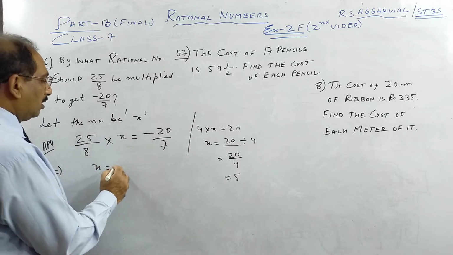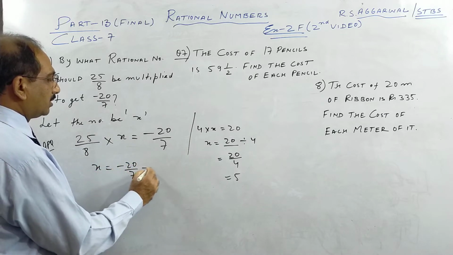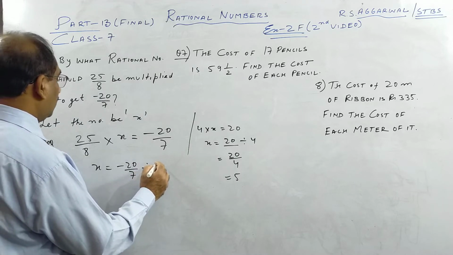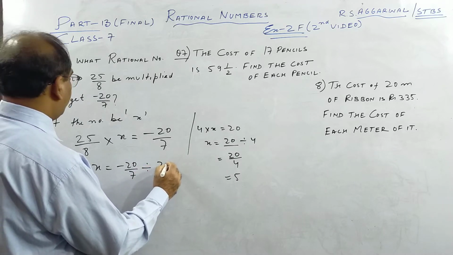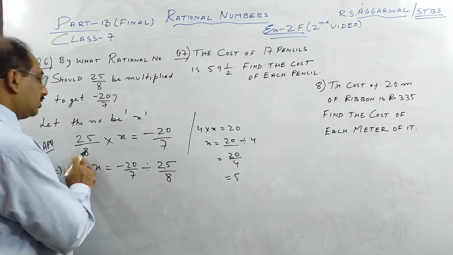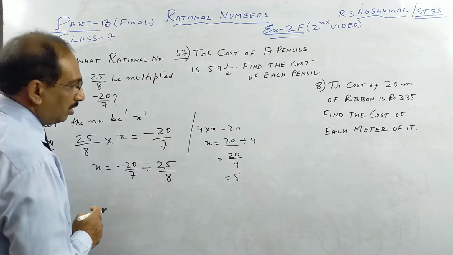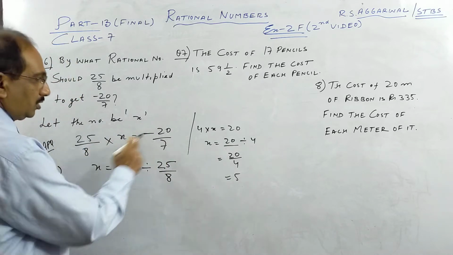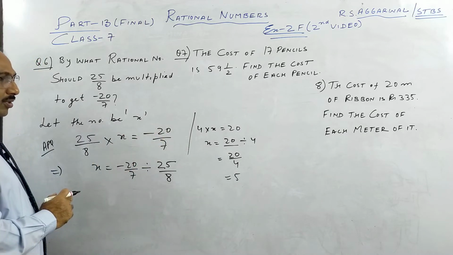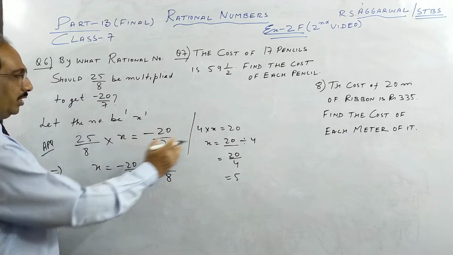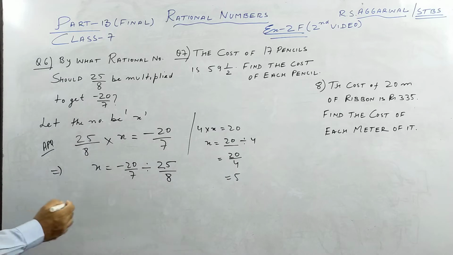x is minus 20 by 7 divided by 25 by 8. So that side becomes division, or the crisscross method also I will show you. You can pause the video and copy. Then I will solve this.